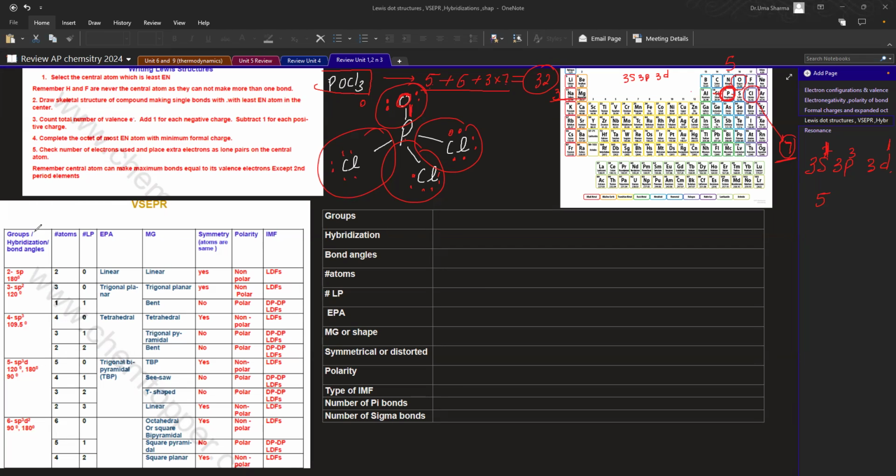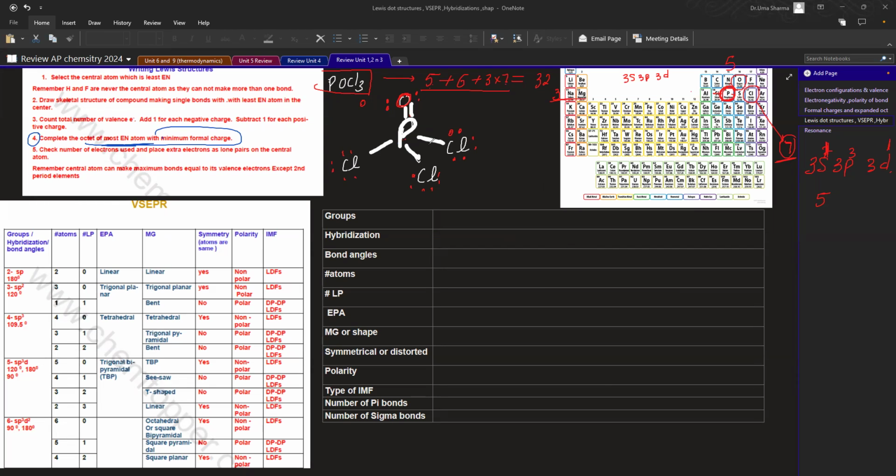But when I'm trying to satisfy the octet of chlorine and oxygen, which are more electronegative, according to the rule here, I have to take care of these more electronegative atoms first. So how many bonds have I made around P? Check. 1, 2, 3, 4, 5.